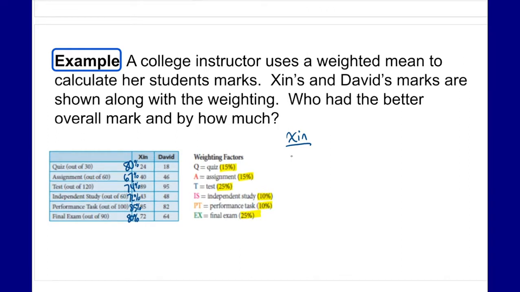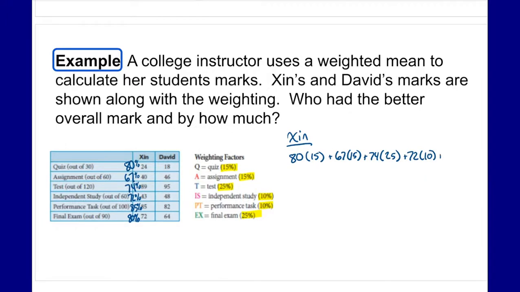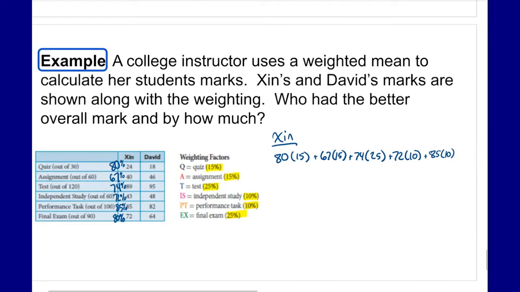So we're going to have 80 multiplied by 15 plus 67 multiplied by 15 plus 74 multiplied by 25 plus 72 multiplied by 10 plus 85 multiplied by 10 plus 80 multiplied by 25.